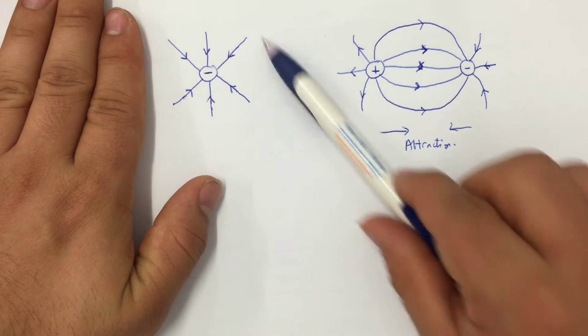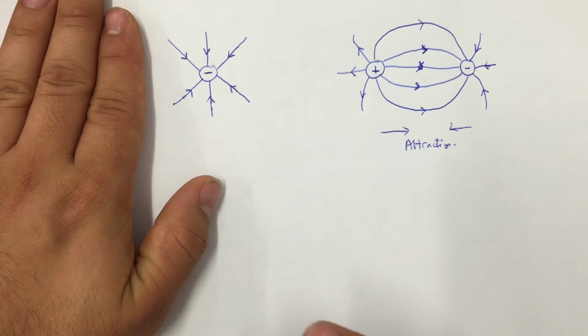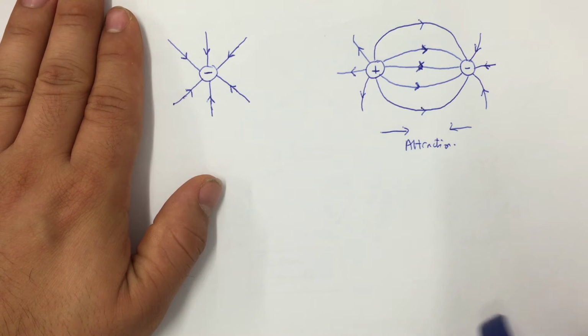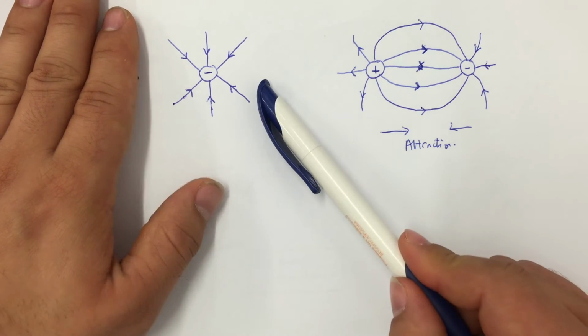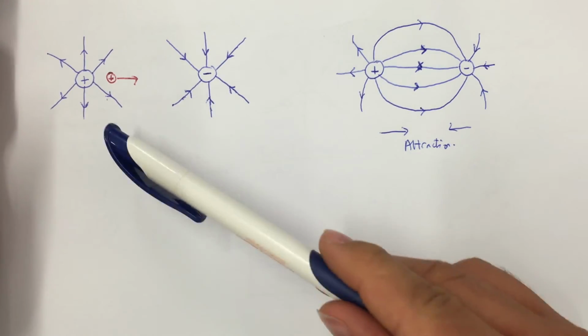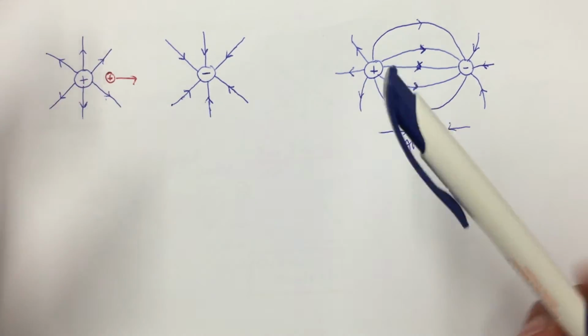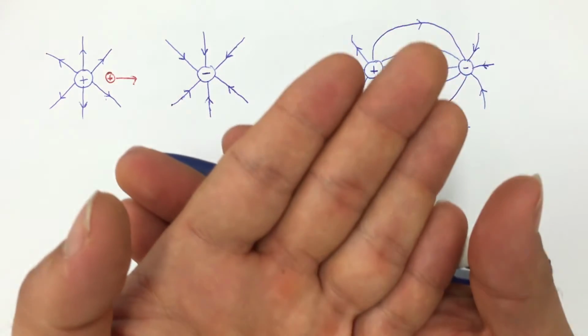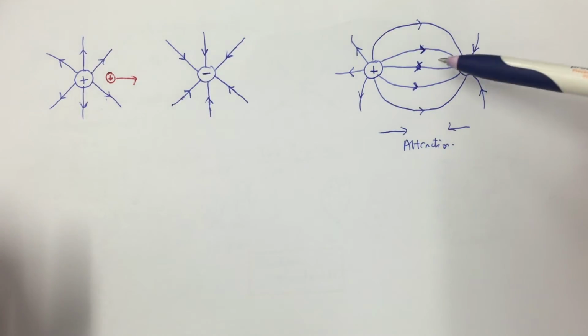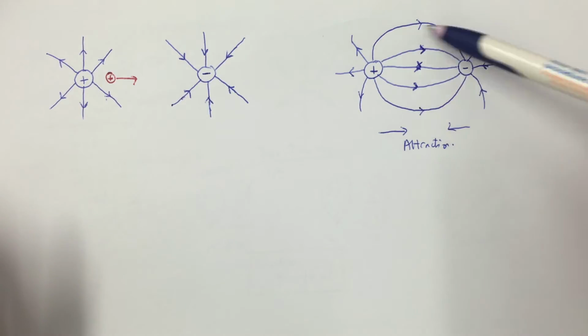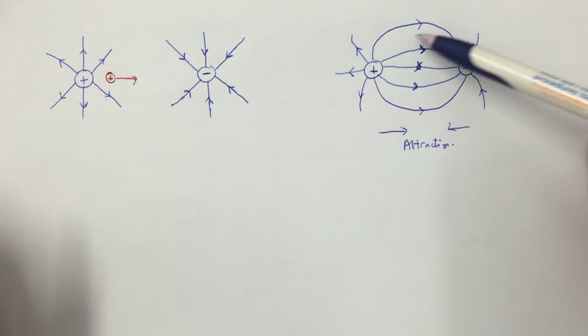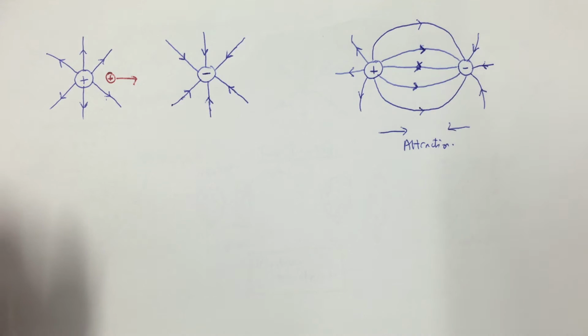Well, in that case, the electron will have an electric field, but it's not going to interact. It's not going to do anything because it has to have another field to interact with. So when another field comes into contact with it, so if I now bring my positive and negative together and the fields overlap, when they overlap, you then get this effect, and it's the overlapping of the fields which produces a force due to the electric field.